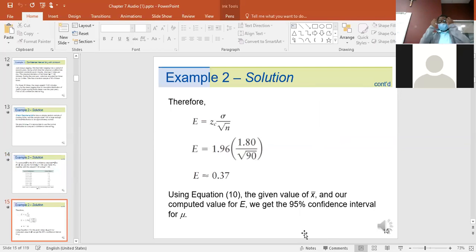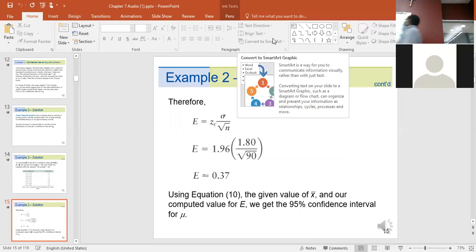We will get 0.37 as E. Add it to this, you get that. Subtract it, and you get this. If you can see, 15.6 plus 0.37 gives you 15.97.